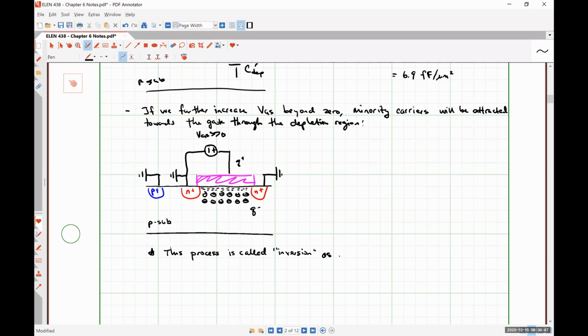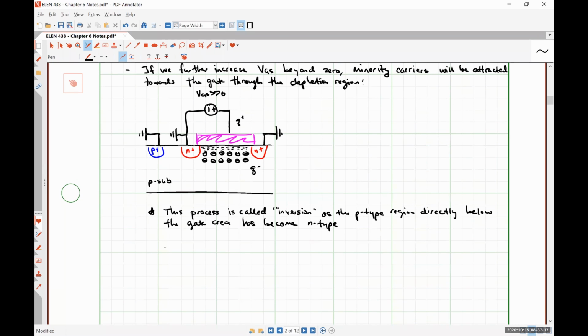As the P-type region directly below the gate has become N-type, and there are degrees of inversion.